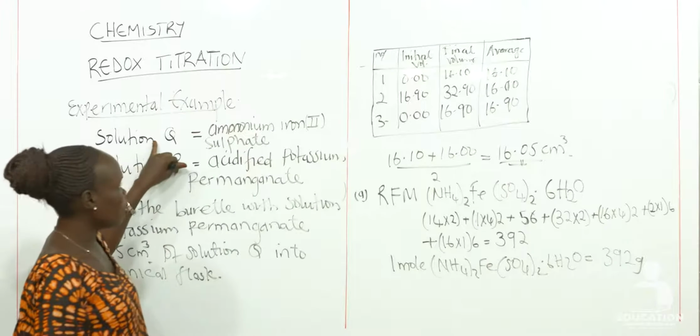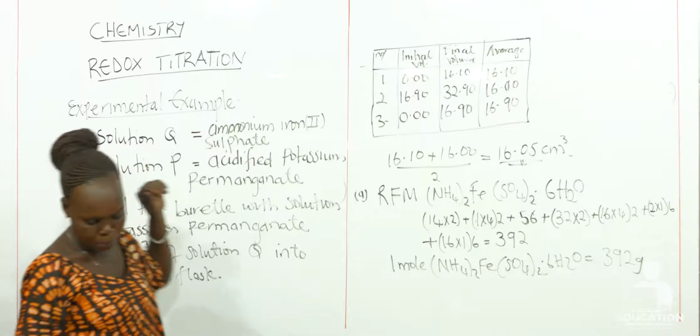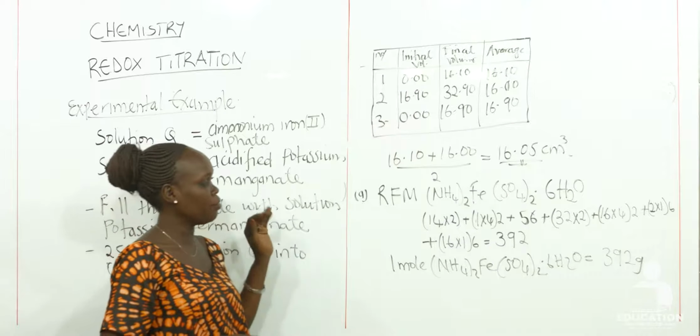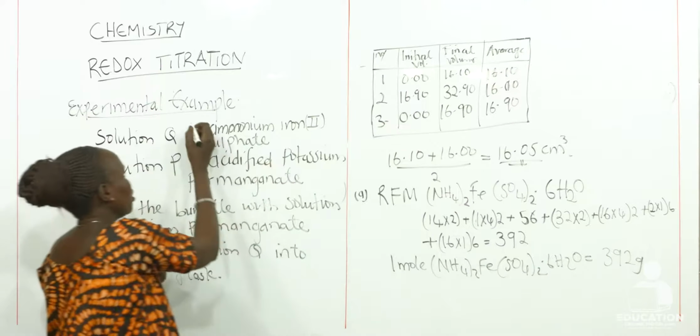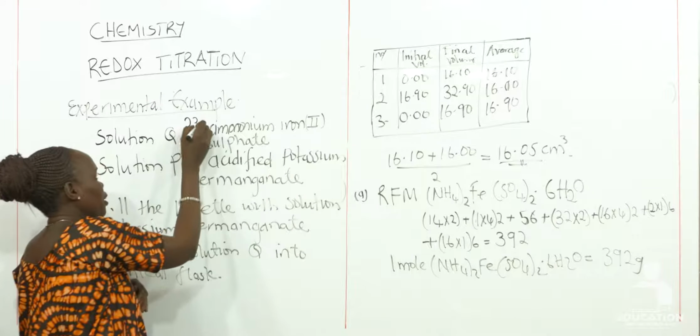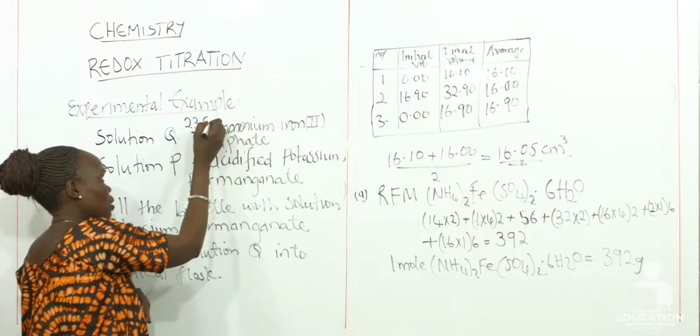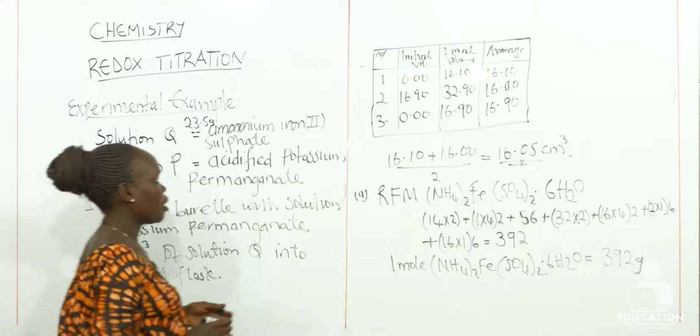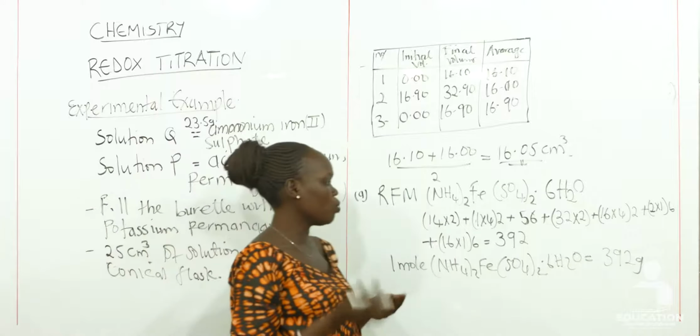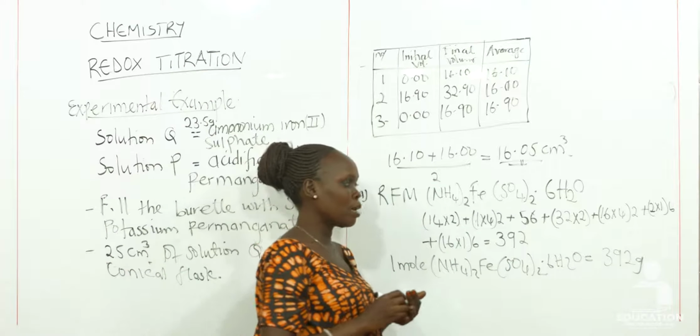So you have to remember that for solution Q, we took 23.5 grams. To dilute it, we have taken 23.5 grams. It means it is in solid form, so we prepare it to become a solution.